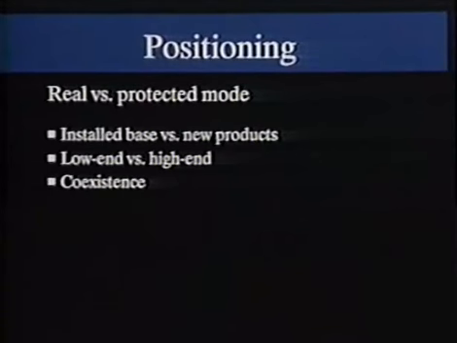The installed base is primarily 8088 and 8086 class machines. The ratio is something like 9 to 1. Thus, the installed base will continue to be primarily MS-DOS based and Microsoft Windows based. New products, on the other hand, will likely be 286 and 386 based machines and will be targets for the OS2 operating system. Naturally, this also translates into a low-end versus high-end distinction.